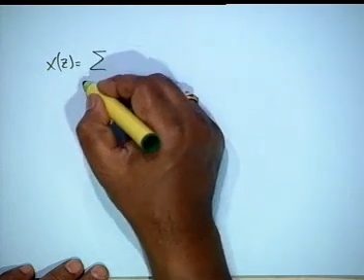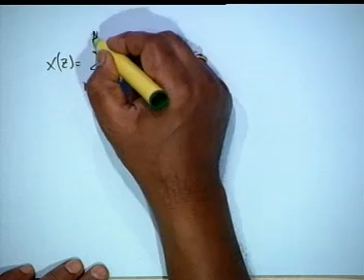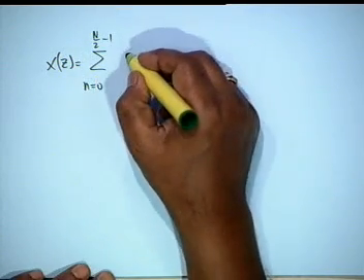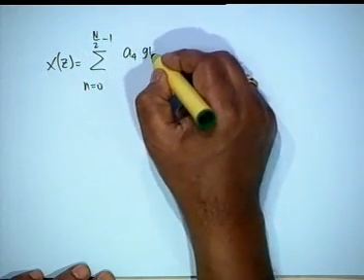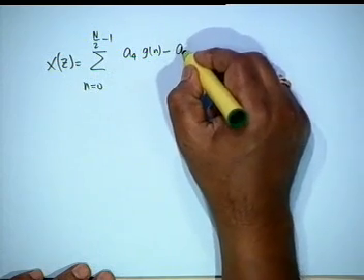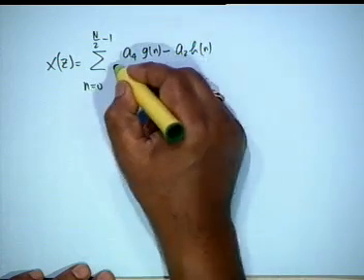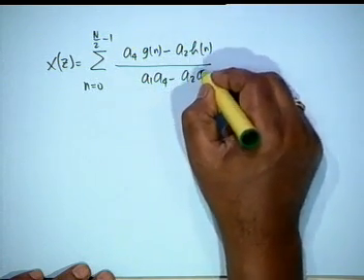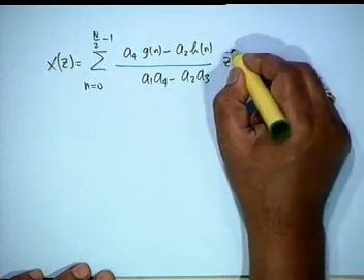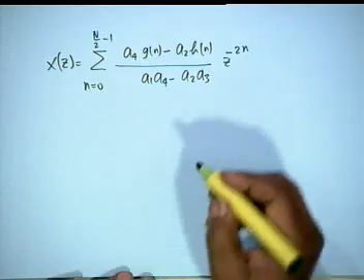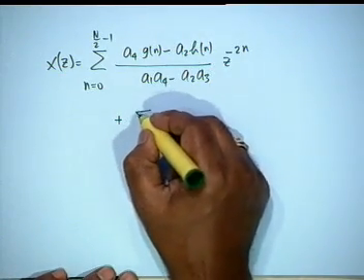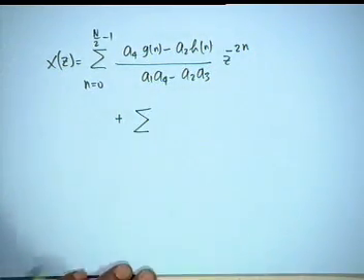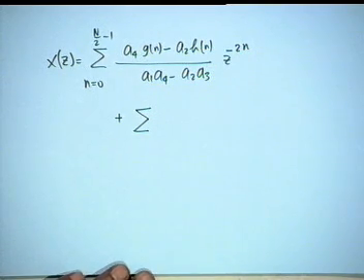The result is the following: capital X of Z is equal to summation n equal to 0 to N by 2 minus 1 A4 g of n minus A2 h of n divided by A1 A4 minus A2 A3 Z to the minus 2n, plus, ultimately we shall combine the two terms. Okay.